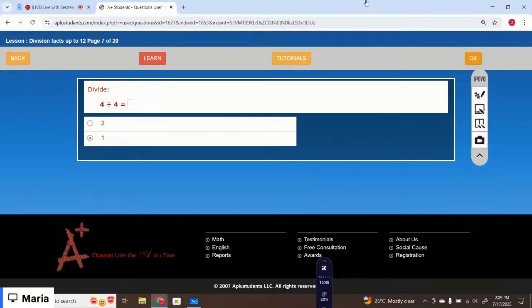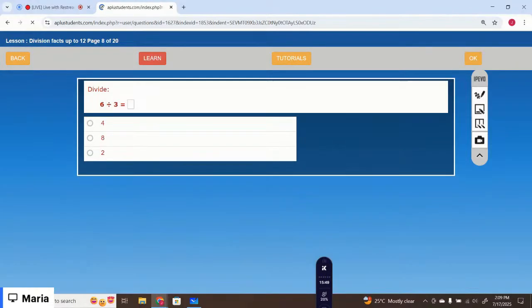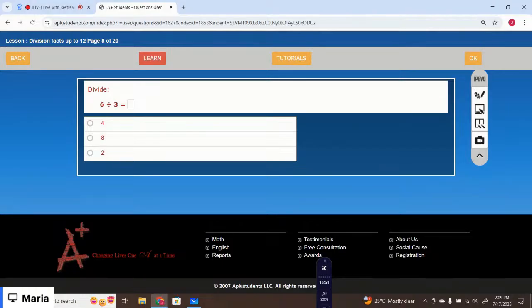Option number 2 is the correct option. Six divided by 3, which is the correct option? That would be 2. 3 times 2 is 6. Option number 3 is the correct option.